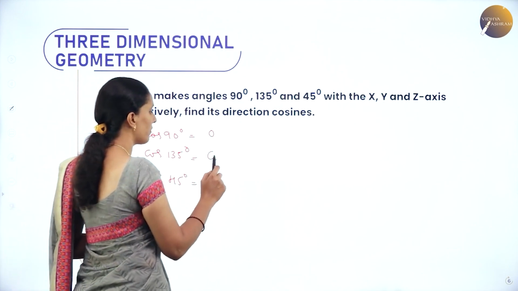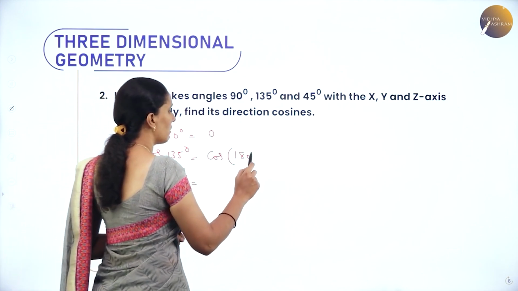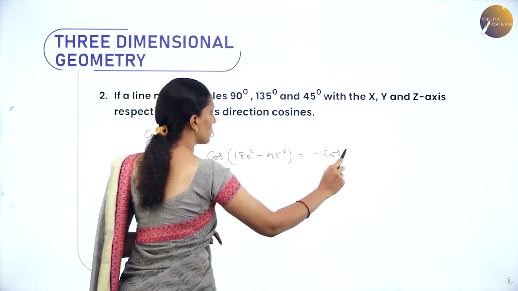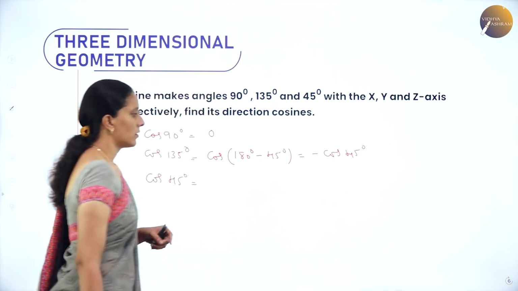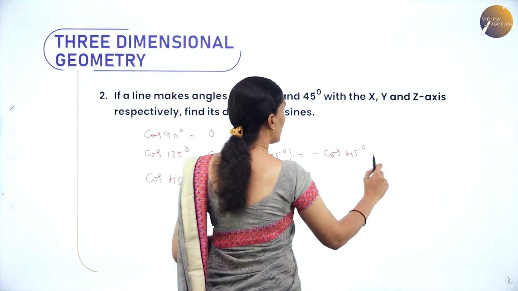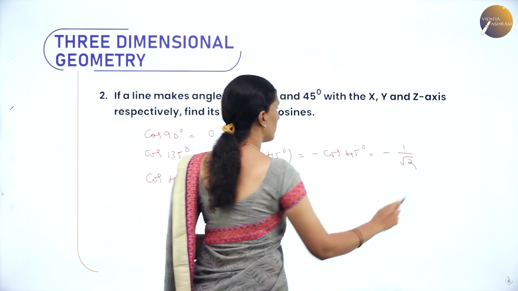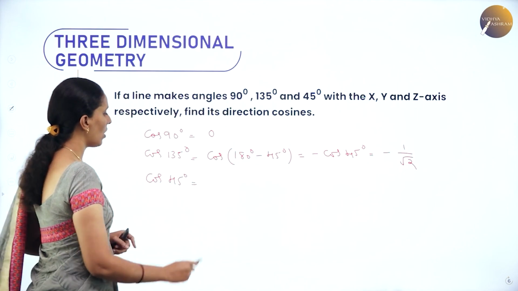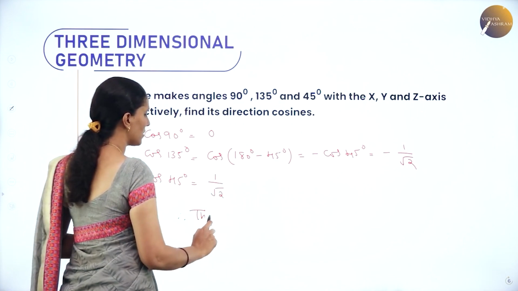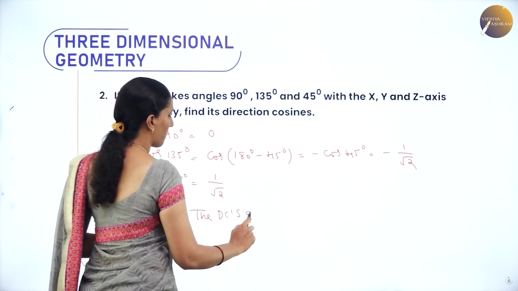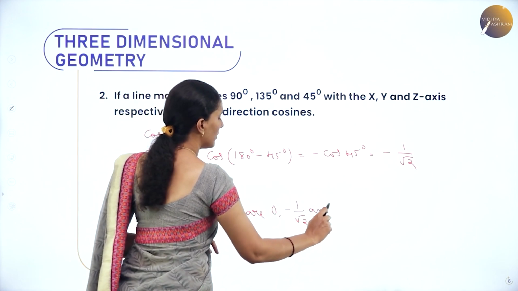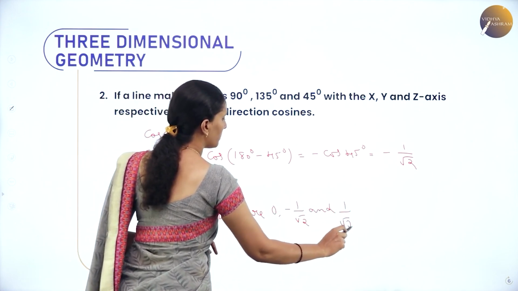We can write cos 135 as cos 180 minus 45, or we can write it as minus cos 45, because it lies in the second quadrant. So therefore the value is minus 1 by root 2. And cos 45 is again 1 by root 2. So therefore the direction cosines are 0, minus 1 by root 2 and 1 by root 2.